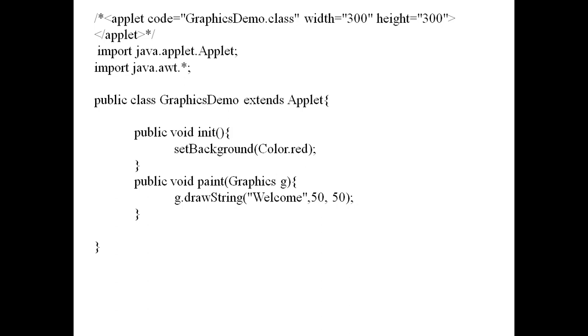On the screen, the leftmost corner in an applet window is 0, 0 pixels. So at 50 pixels x coordinate, 50 pixels y coordinate, that particular position, the string welcome will be printed.